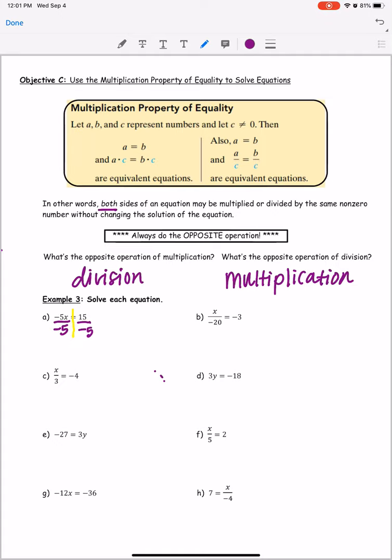So technically we have a 1x, but we don't really need that 1 in front of that x. So we just cancel those out and call that x. And then over here, 15 divided by negative 5, different signs. That means we get a negative number, so negative 3.